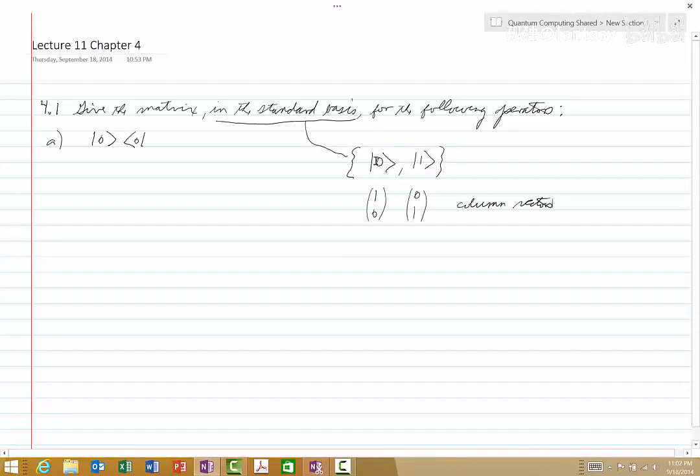So this is what we mean for the standard basis: 0 is the first state and 1 is the second state. Okay? Now that we understand that, this problem becomes fairly easy as long as we remember how to multiply matrices by each other. So let's have a brief refresher on matrix multiplication.